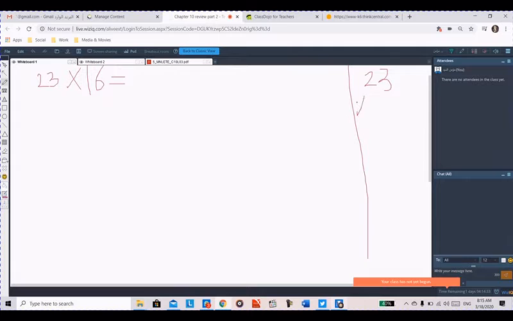23 multiplied by 16. Okay, 3 multiplied by 6 equals 18. 8 and carry 1. 2 multiplied by 6 equals 12 and 1, 13.